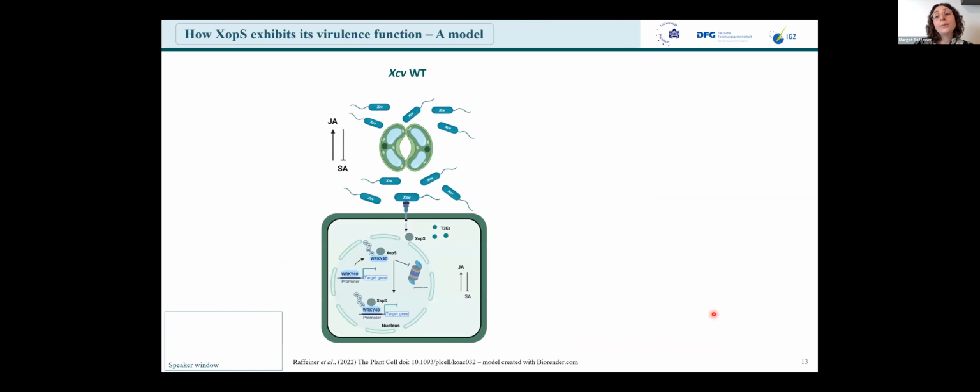So I would like to end my talk with part of our current working model that summarizes the main findings of our work. If a susceptible host plant is infected with an Xcv strain that translocates XopS into the host, at a very early stage of infection, XopS ensures that the plant cannot close its stomata, which allows a much higher number of bacteria to invade the tissue.